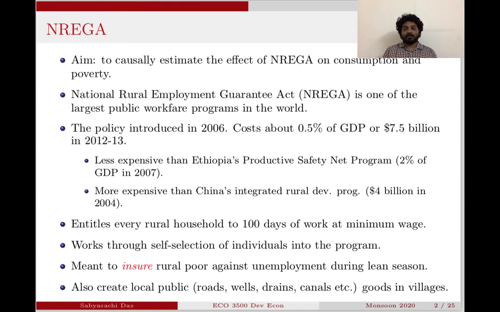So I'll have a job card so that my name is registered, and then I can demand work in a particular time. The way it happens is that either I go and demand work, or the local government comes up with the list of works for say half a year, and then people show up and say that they are willing to work under one of these listed projects.